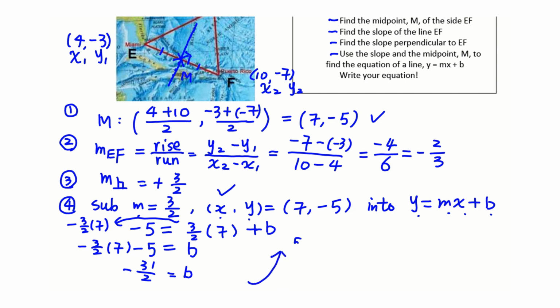The last step is to write a statement, sub m and b into the y equals mx plus b. So m equals 3 over 2, b equals negative 31 over 2. Then we have the final answer: y equals 3 over 2 x minus 31 over 2.